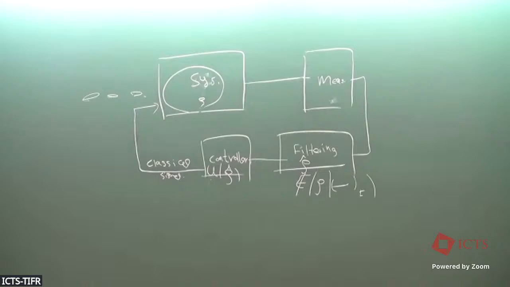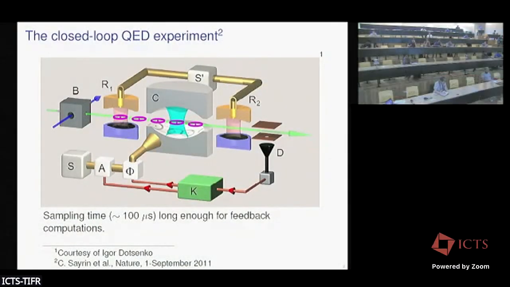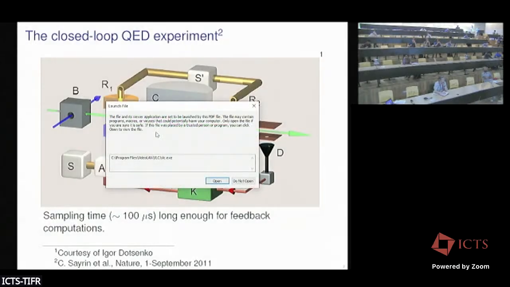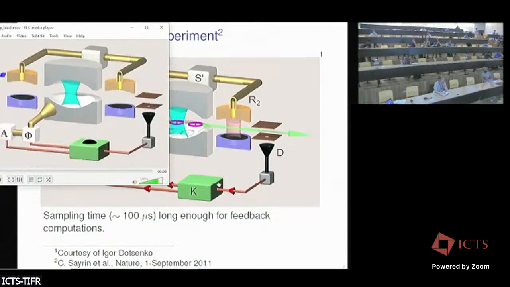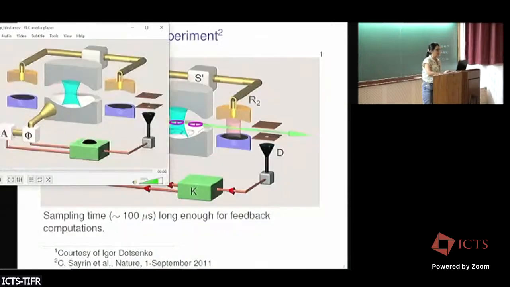Okay, so let me start to talk about these experiments. I have a movie. In fact, you have the Rydberg atoms, which are two-level atoms. For the box B, you send your atom, and then you can see in the video that they enter the cavity C. They become entangled with the harmonic oscillator mode, and then here you detect.